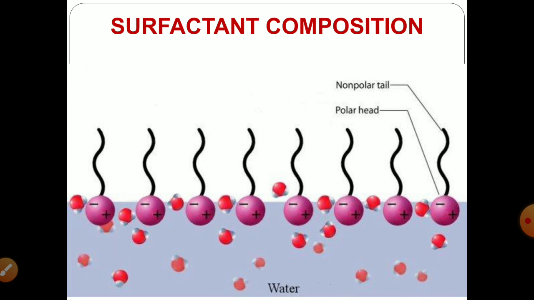So based on this, there are two basic moieties present in your surfactant molecule, the hydrophilic moiety and the lipophilic moiety, and there should be a balance between these two, which will have an impact on their strength to work on surface tension or interfacial tension.